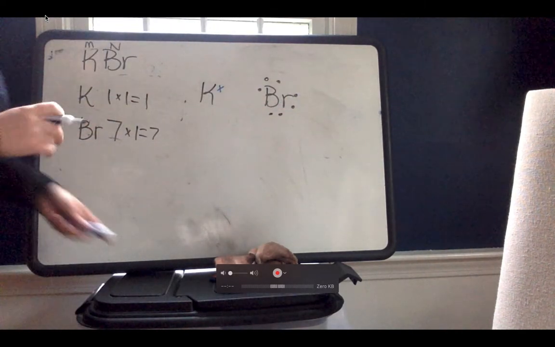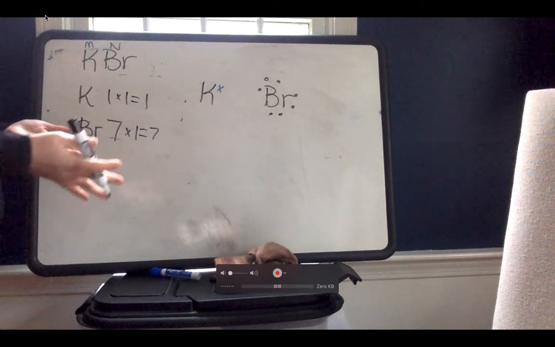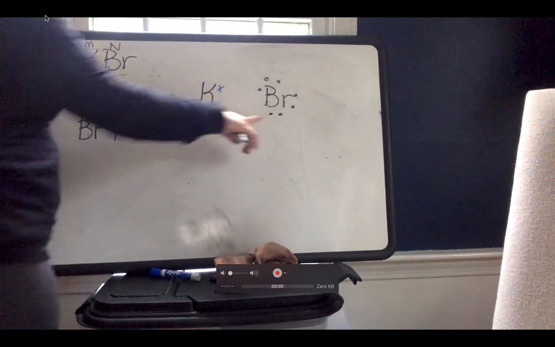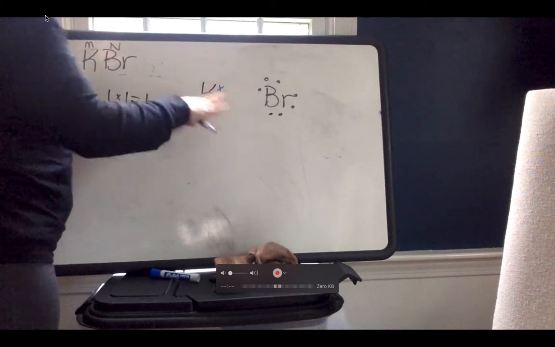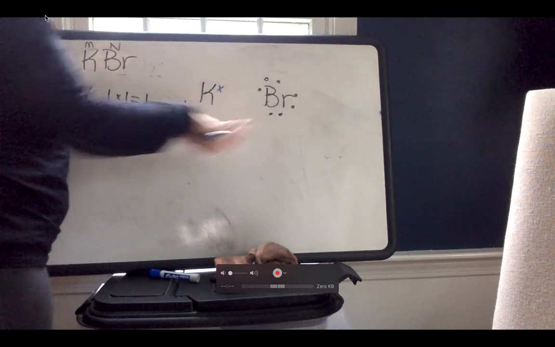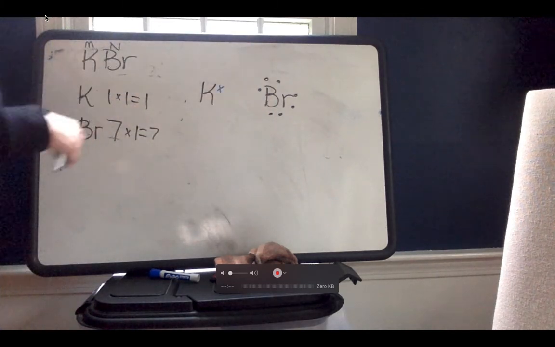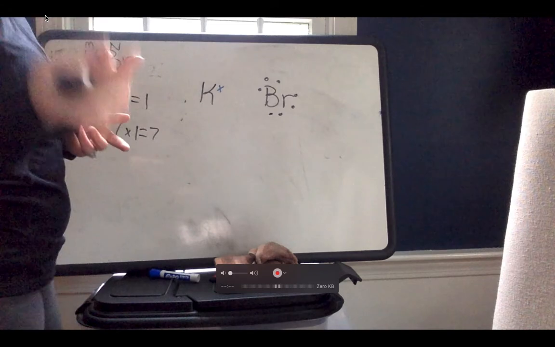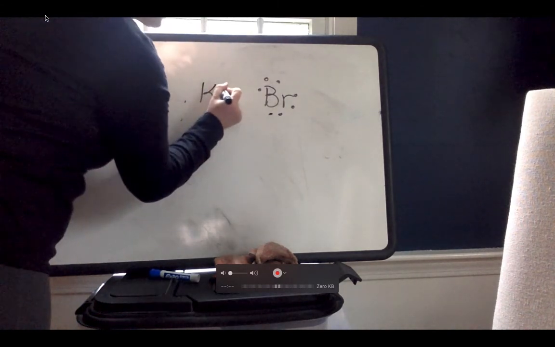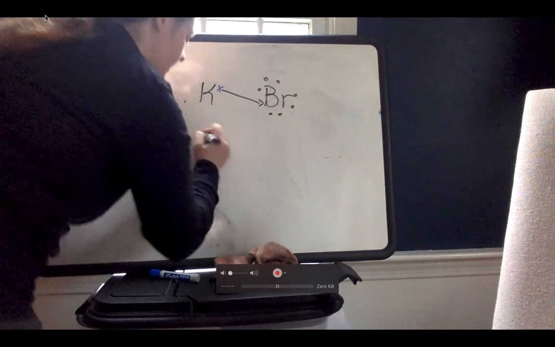So, like we said before, everybody wants 8 in order to be happy. Bromine has 7. Potassium has 1. It's way easier for potassium to give up 1 than for bromine to give up 7. It's way easier for me to loan you $1 than to loan you $7. So, potassium is going to give its 1 to bromine.